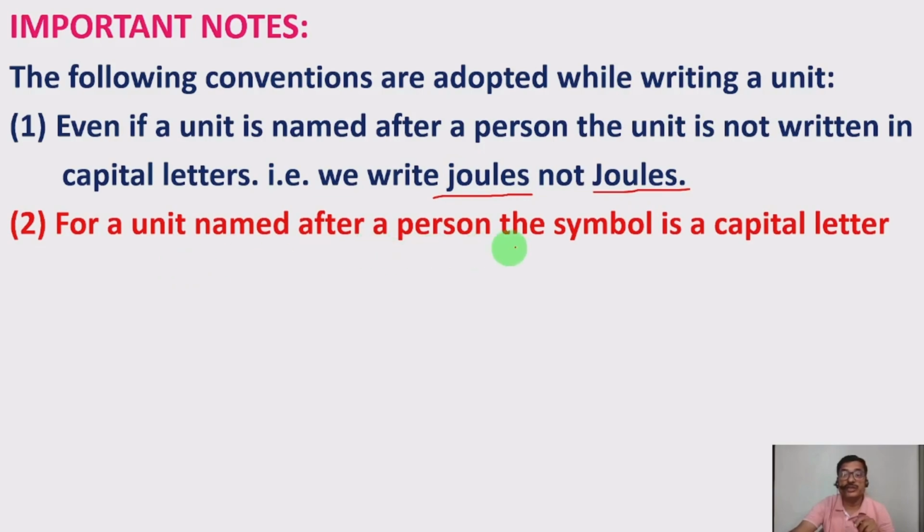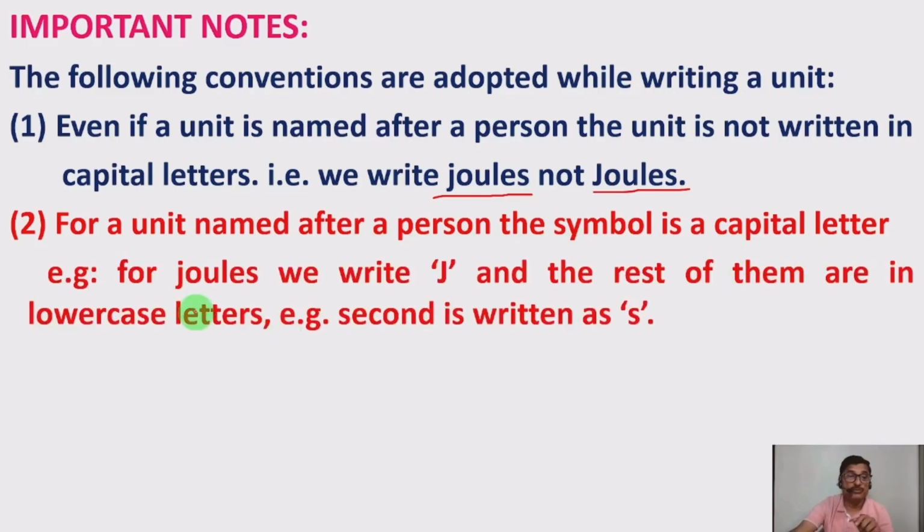For a unit named after a person, the symbol is a capital letter. Example, for joule, we write J. The symbol we should take in capital letter. But the whole unit name, if you write it, the rest of them are in lowercase. If it is not a name, all lowercase we need to take.